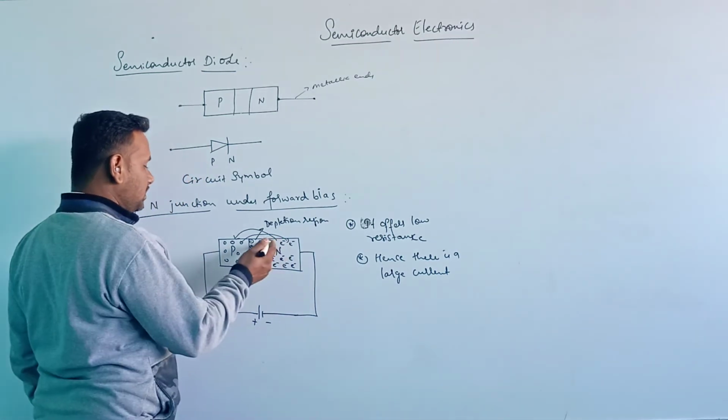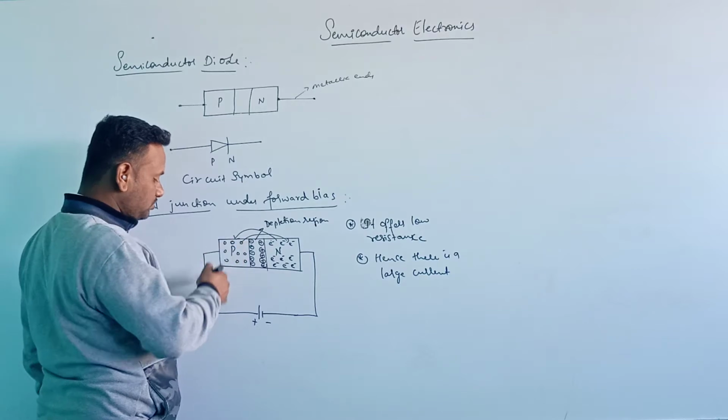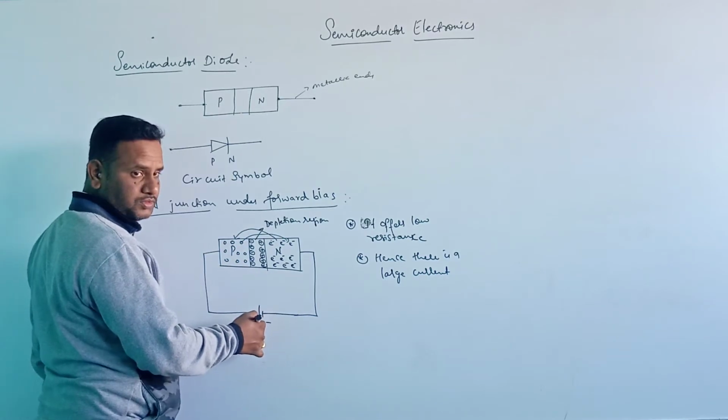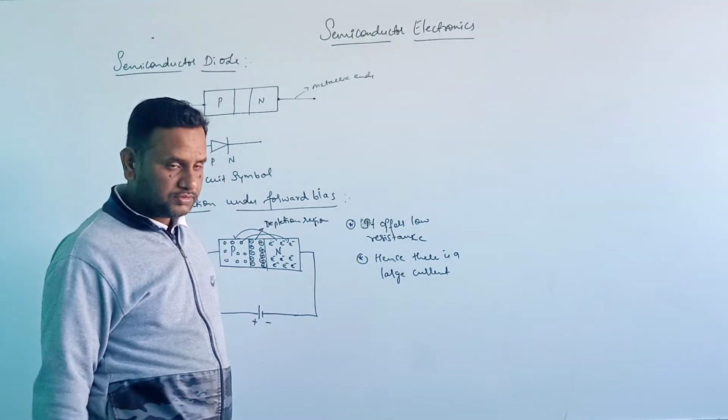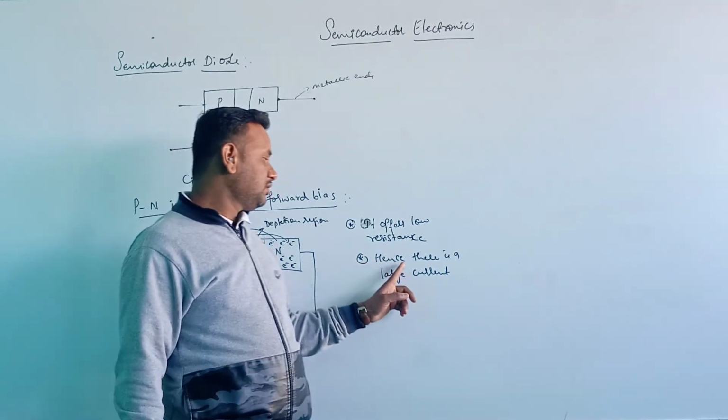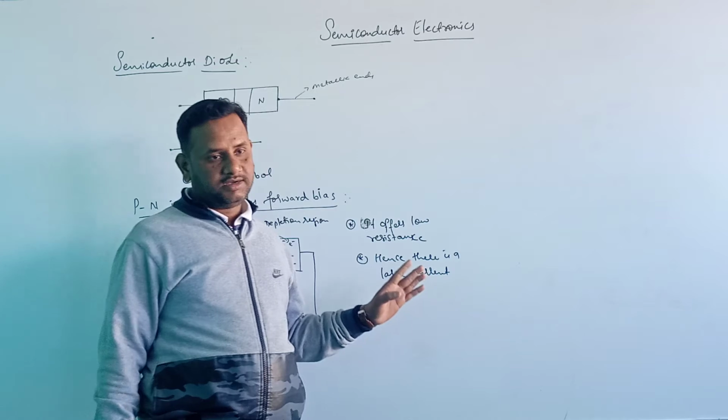Now when the electrons come here, they get attracted towards the positive terminal, and the holes get attracted towards the negative terminal, and there will be a large current.